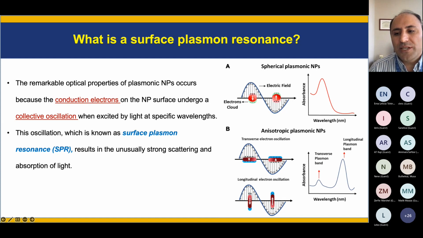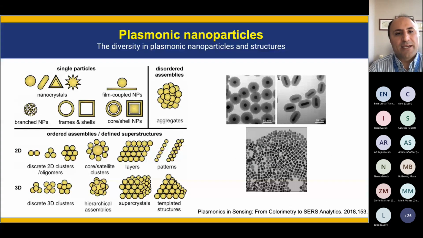And if we use the proper and matching wavelength for the laser that is matched with this peak, then we can get the nanoparticles heated, and we can use this heat for hyperthermia or photothermal ablation to kill the cancer cells.